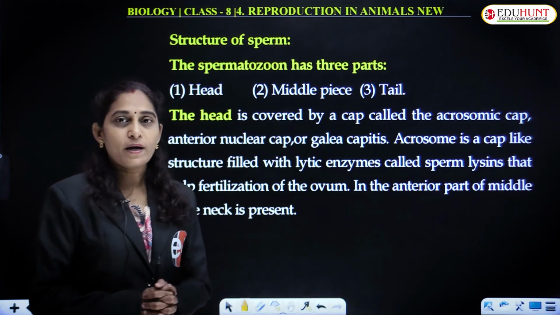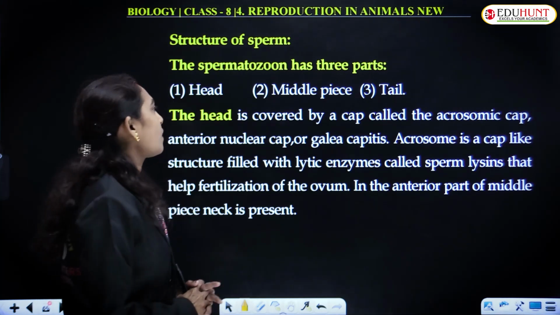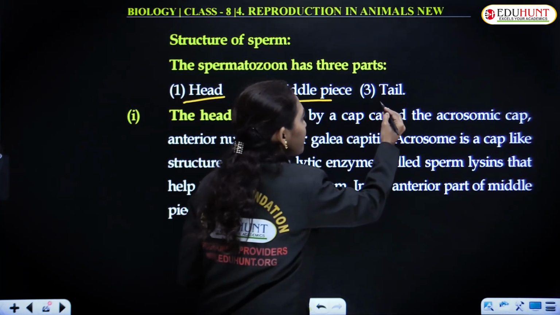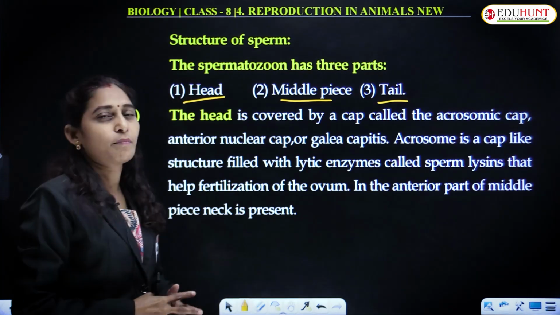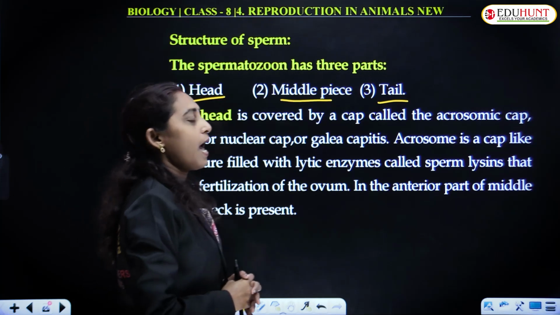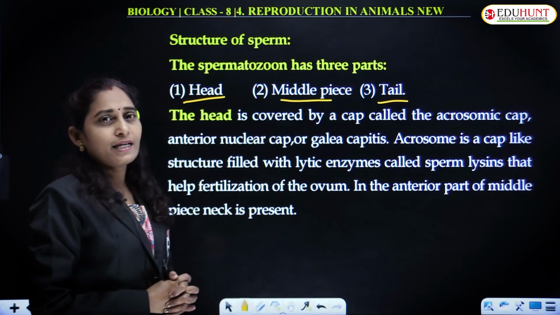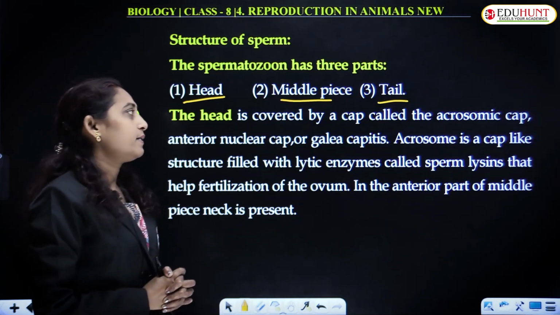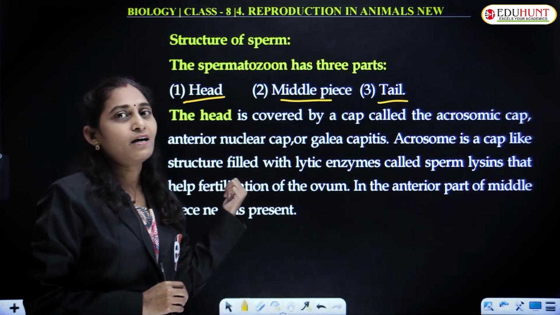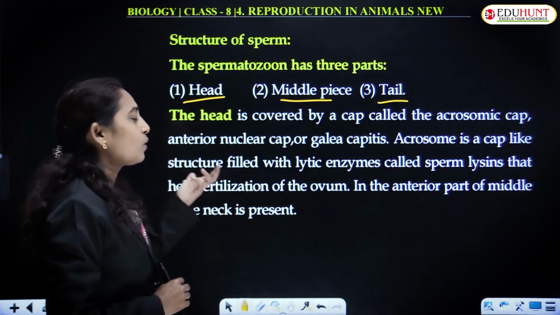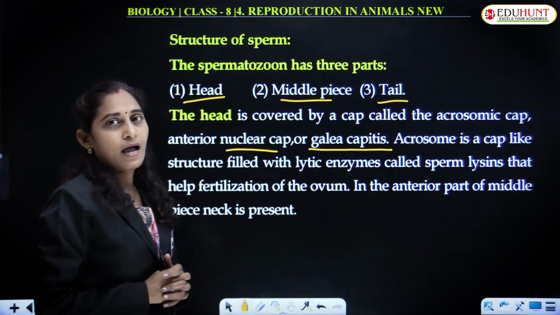The spermatozoon or the sperm has three basic parts: head, middle piece, and a tail. The head is triangular and is covered by a cap known as the acrosomic cap. The anterior nuclear cap is also called Galea capitis.